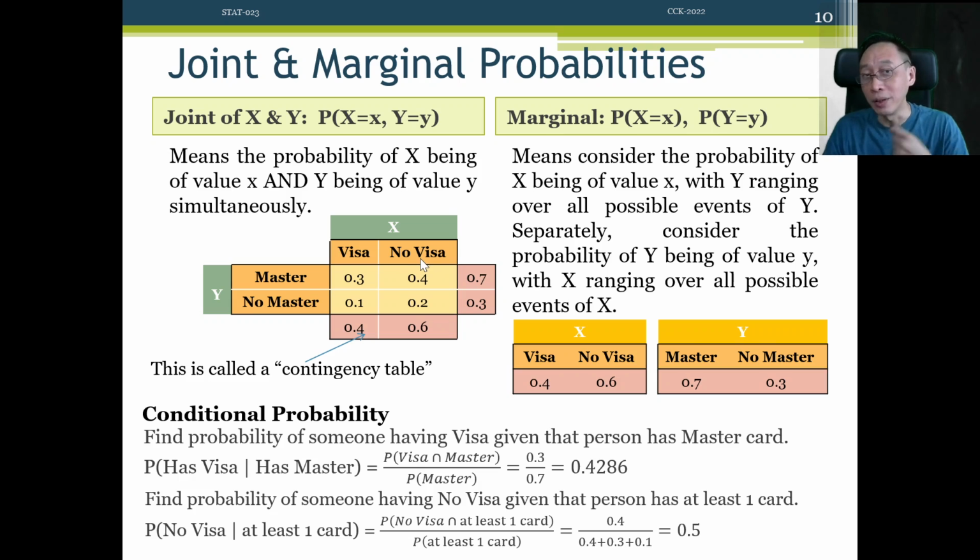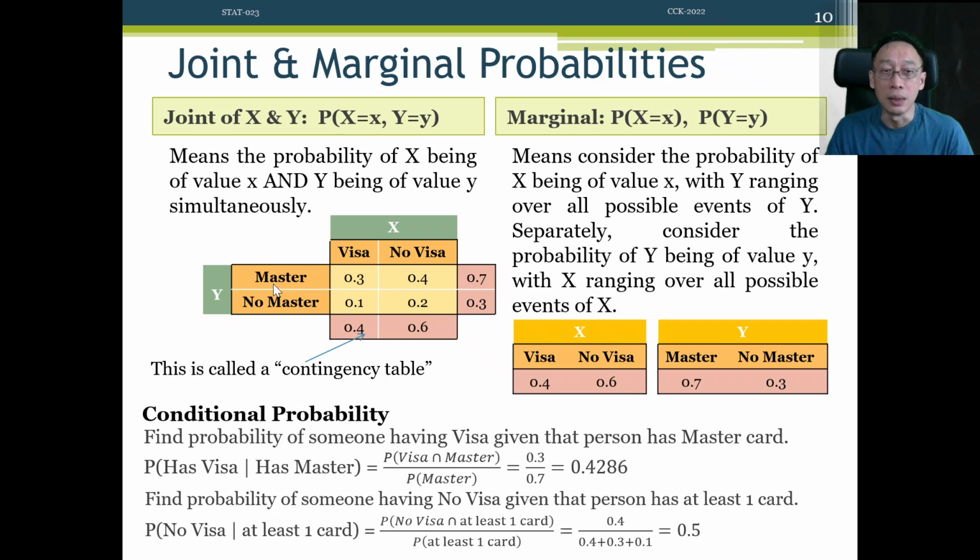All right, you may have American Express, you may have Diners Club or many other credit cards, but no Visa means you belong to no Visa category, right? And of course, the Y will measure another qualitative measure. Does the person have MasterCard versus the person does not have MasterCard?